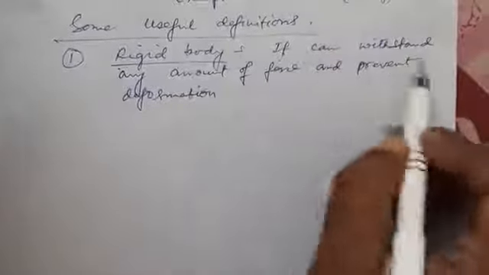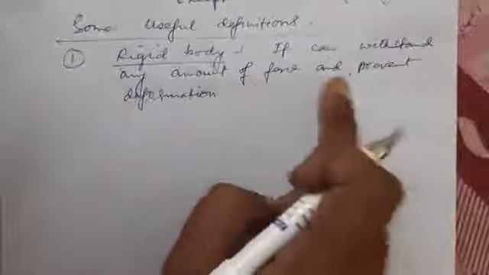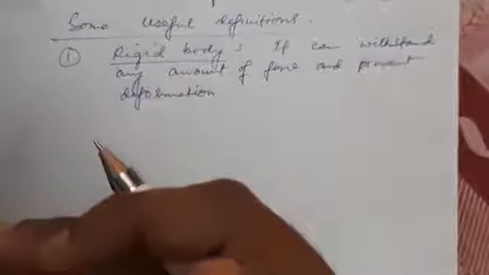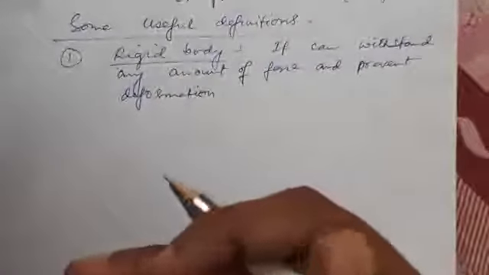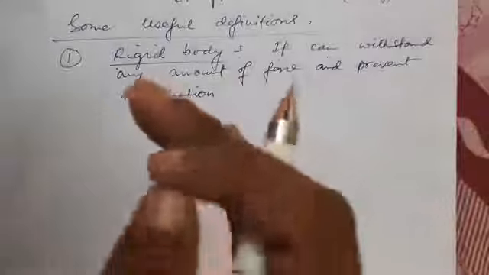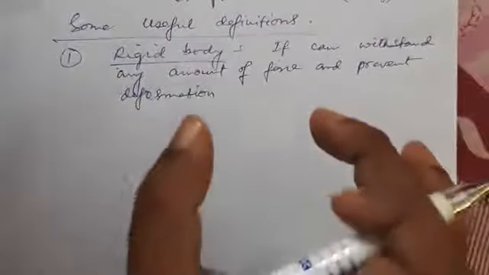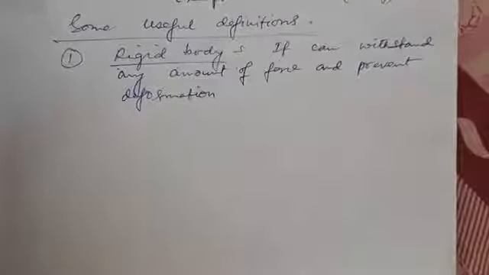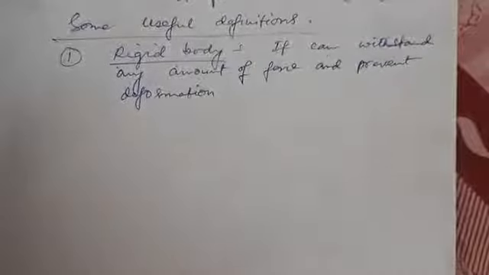It can withstand any amount of force and prevent deformation of any kind. In a different way, there are no relative displacements between the different parts of the body. That is, the body does not undergo any deformation.